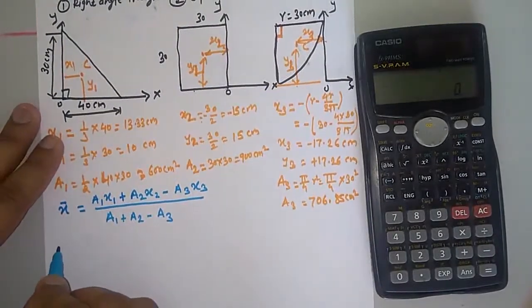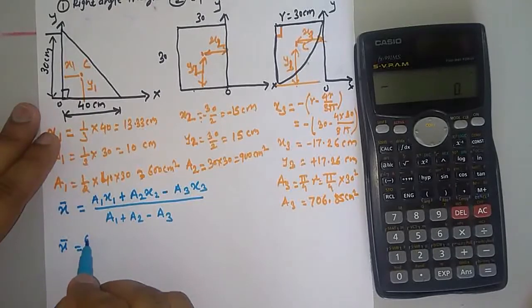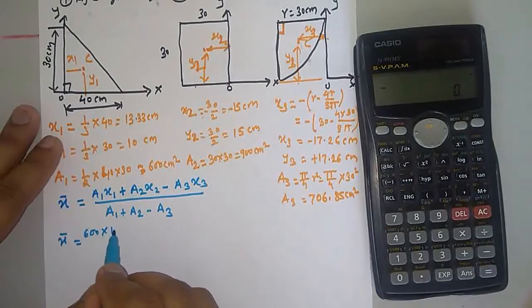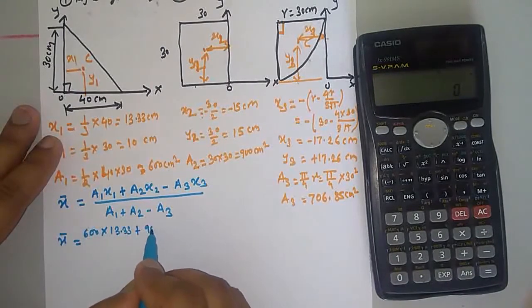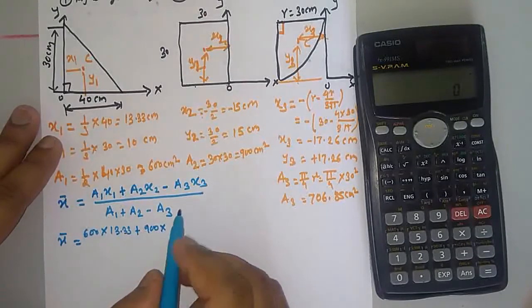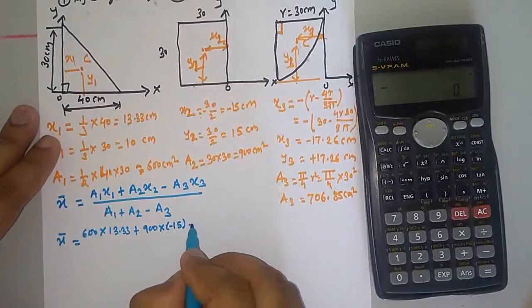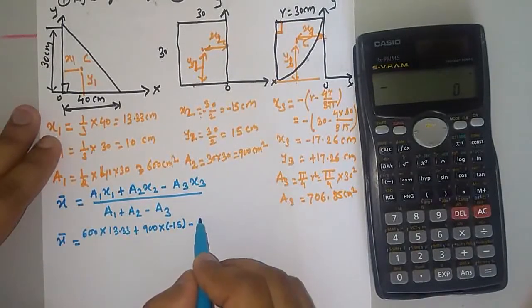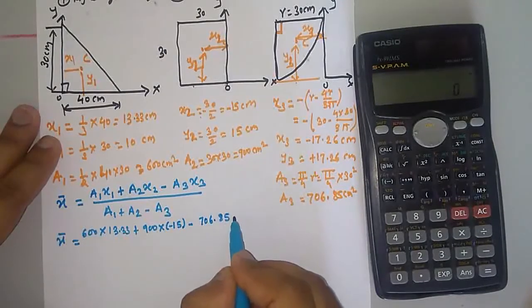Okay. So put the values. X bar is equal to, what is a1? 600. Okay, what is x1? 13.33, plus what is a2? 900 into x2, which is minus 15, minus a3, which is 706.85 into x3.